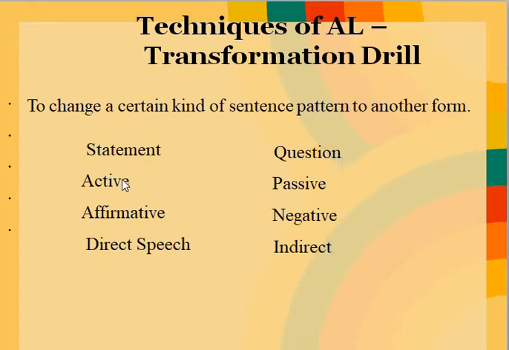The teacher can give the active voice and ask students to transform it into passive voice. Similarly, the teacher can give an affirmative sentence and ask to transform it into a negative sentence. And similarly, direct speech can be given to the student to transform into indirect speech. This is basically called the transformation drill.